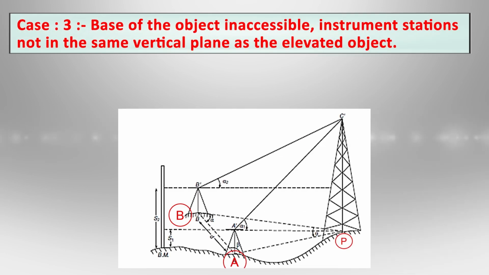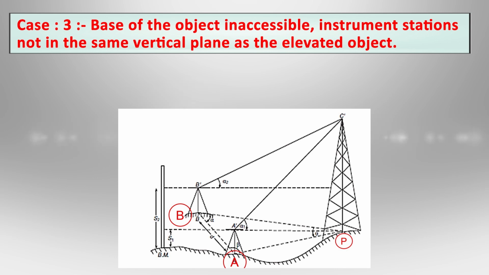Coming to case 3, when the base of the object is inaccessible, the instrument stations are not in the same vertical plane as the elevated object. So it is a complicated situation. The base of the object is inaccessible, so you can't measure the horizontal distance, and the instruments are also not in the same vertical plane.